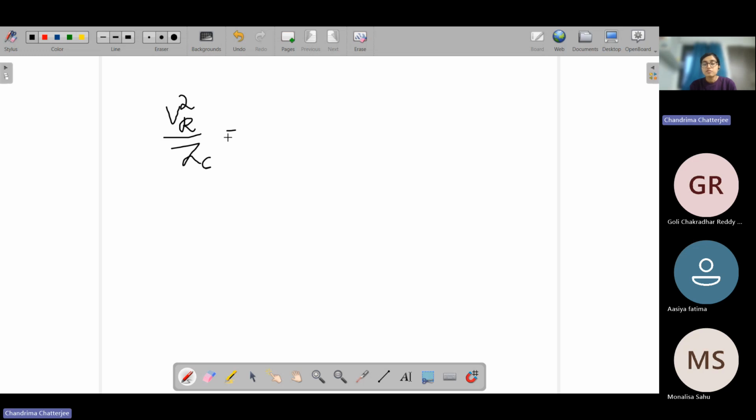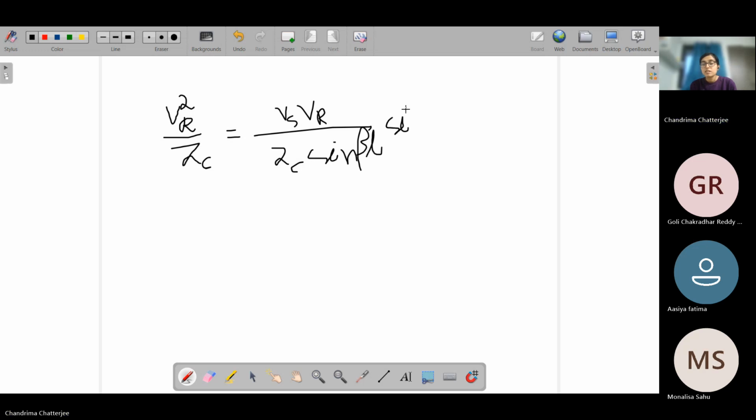And it will be equal to, because this expression we can always use, this is VS VR, the generic expression, by ZC sine beta L, and sine delta. For symmetric line, VS is equal to VR.